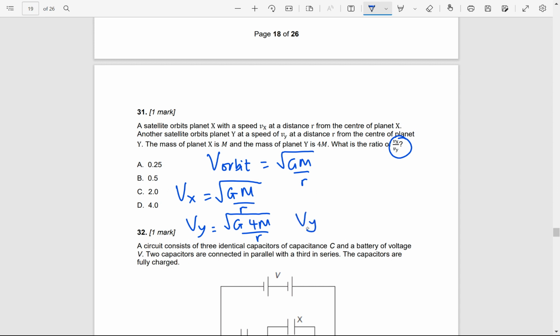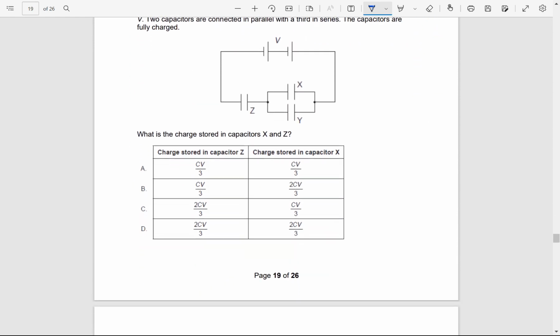I don't need the G's. So we can see that Vy is root 4 times bigger than Vx, and root of 4 is 2. So Vx divided by Vy is 1 over 2, so that's a half. So it's B.